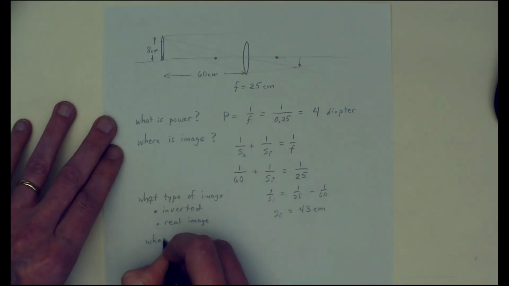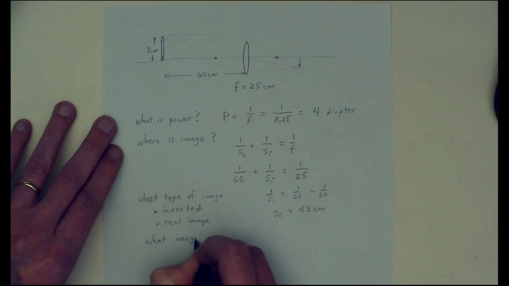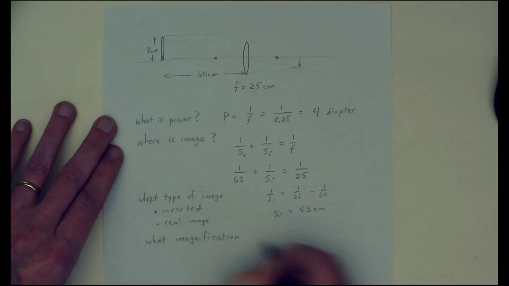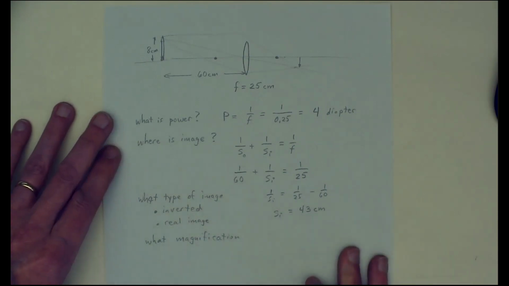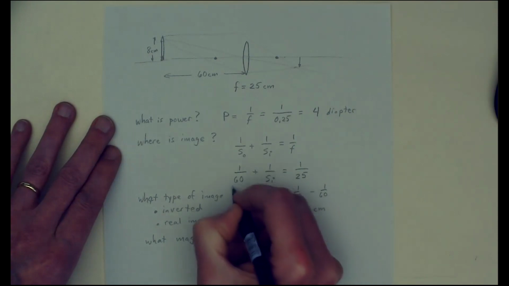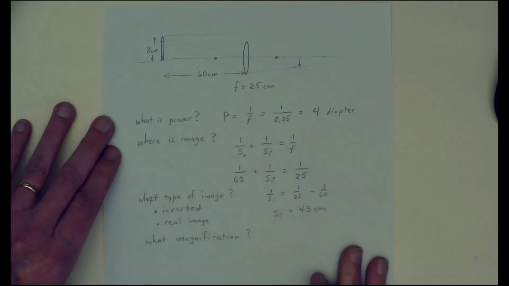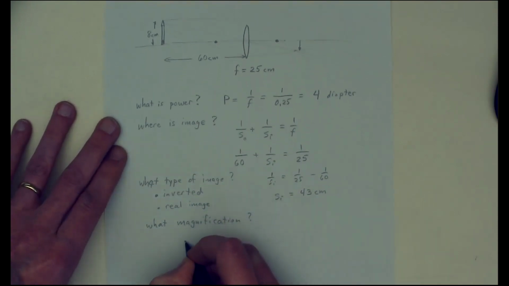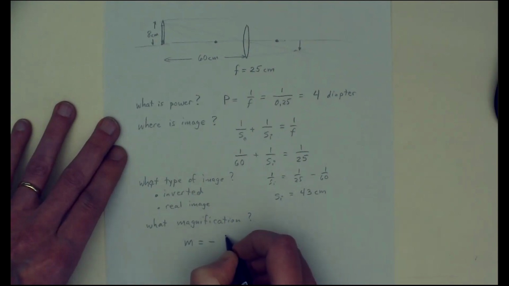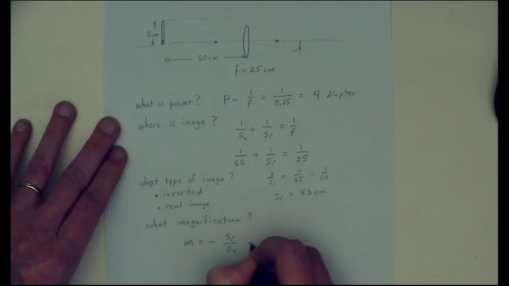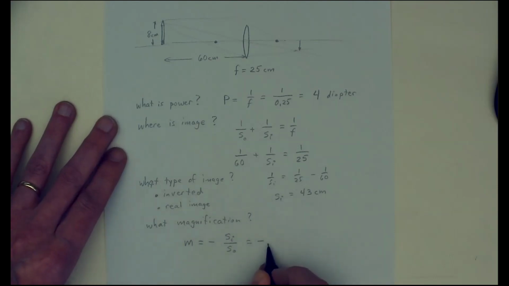So what magnification do we have? Can we figure out what the magnification is? Well, for that, we use this new formula that we just got, and that's going to be s_i over s_o. Remember to keep that minus sign in the formula.